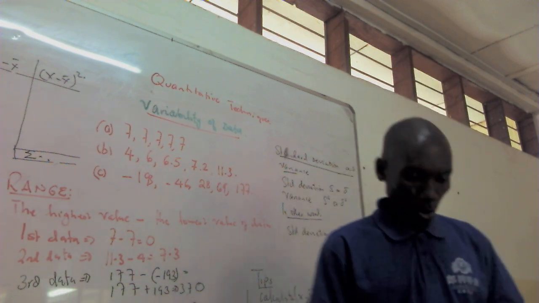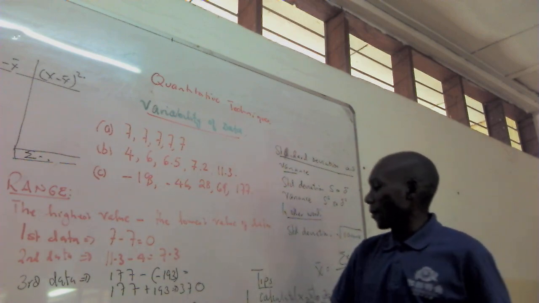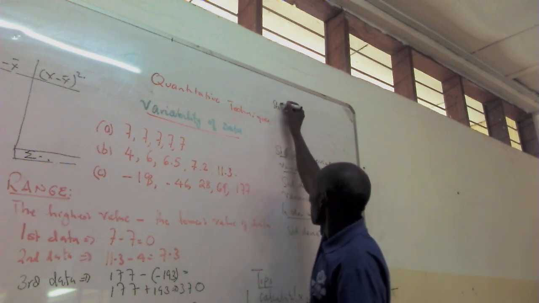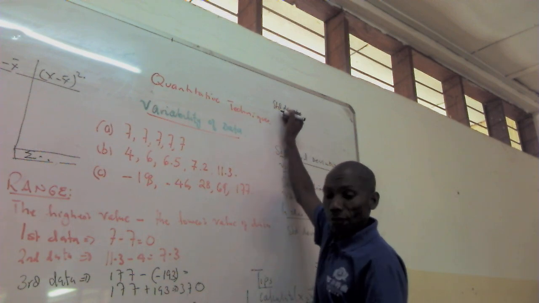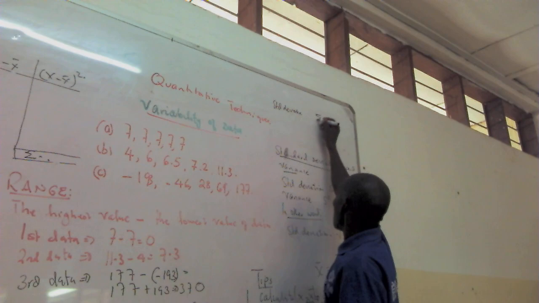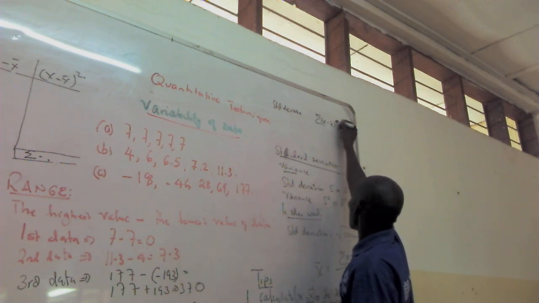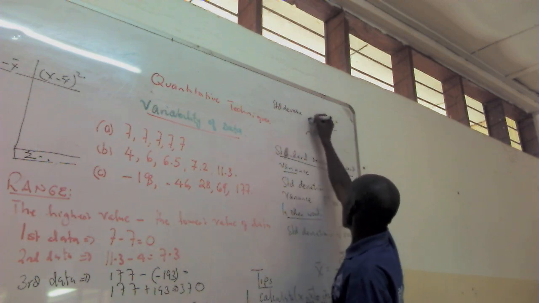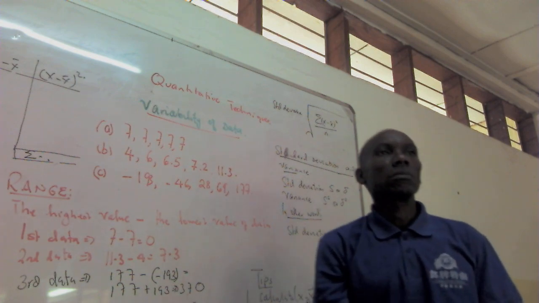We are running short of water. What we are saying from there, we square root this. Standard deviation is just the square root of the sum of x minus x bar squared divided by n. That's the standard deviation.